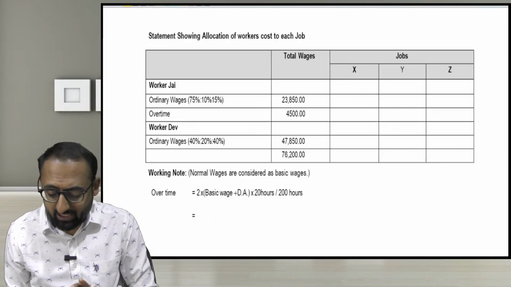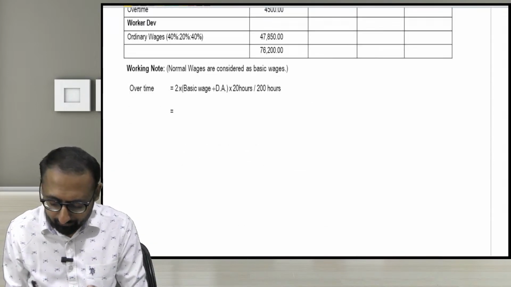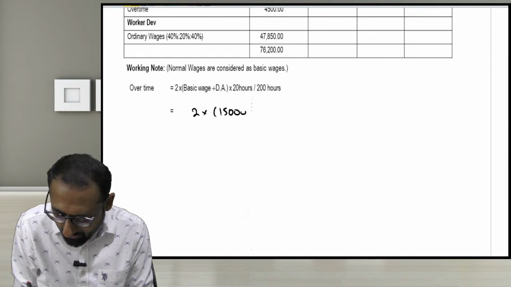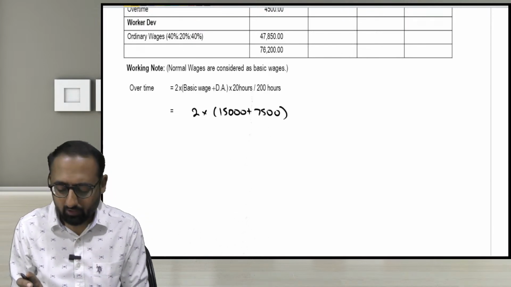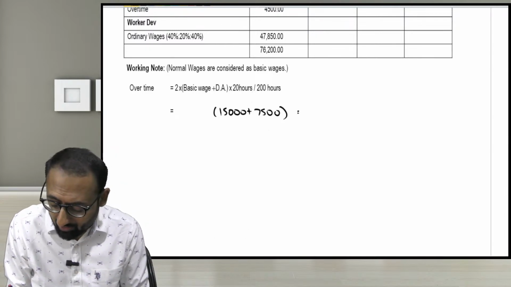So Jay's basic wage rate is 15,000 plus DA allowance 7,500. Total wages comes to 22,500.